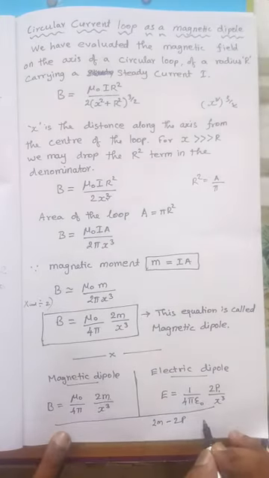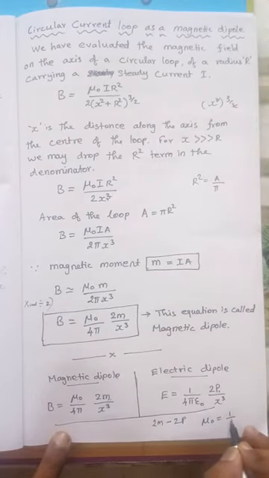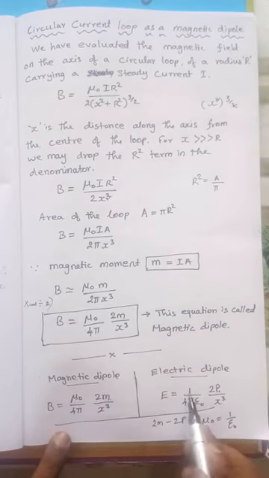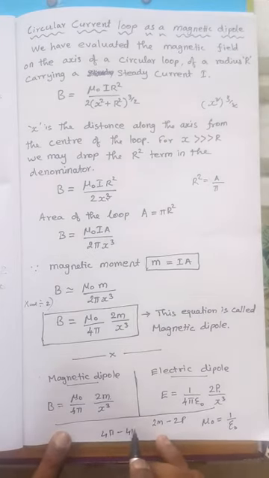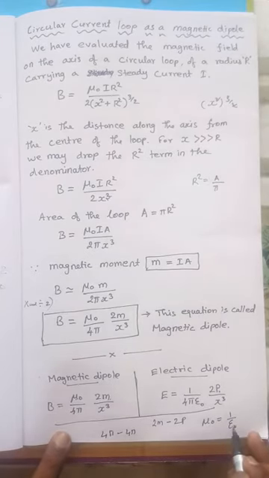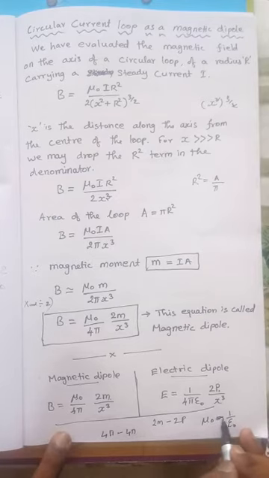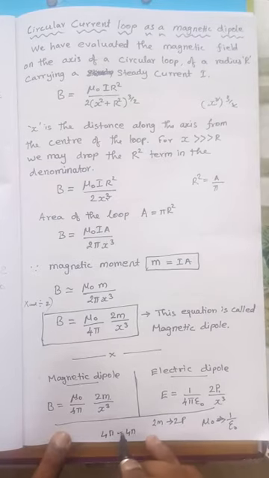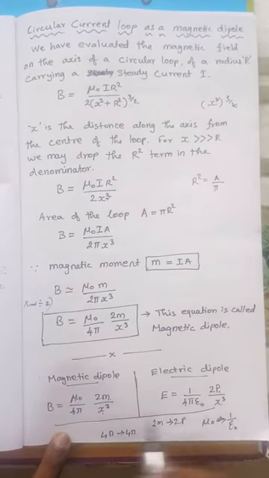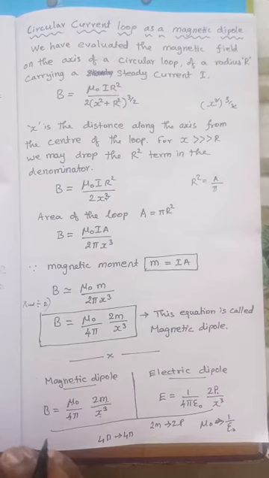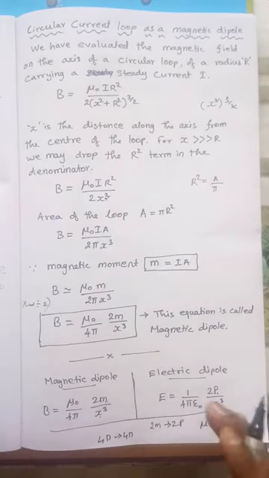Here mu naught is similar to 1 by epsilon naught, and 4 pi is the same. It's not exactly equal, it's similar. So 4 pi, mu naught and 1 by epsilon naught, 2m and 2p, x cube. So it means the magnetic dipole and the electric dipole are more or less similar in this concept.